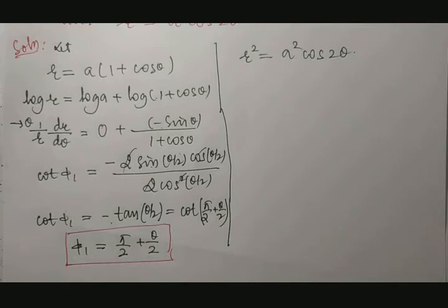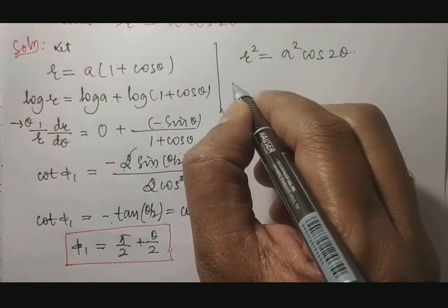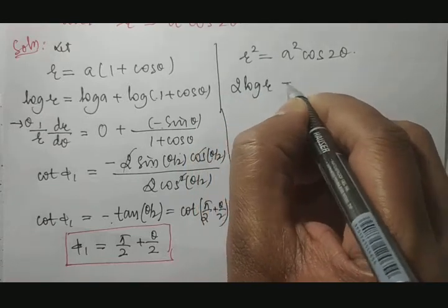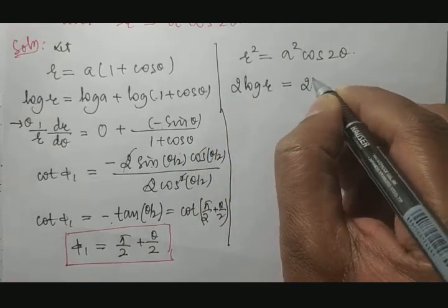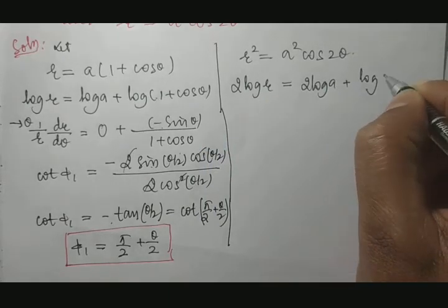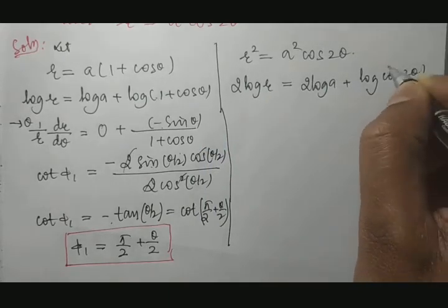Therefore, the second curve will be taken as usual. Again, if you apply logarithm, then it becomes 2 times log r equal to 2 times log a plus log of cos 2 theta.